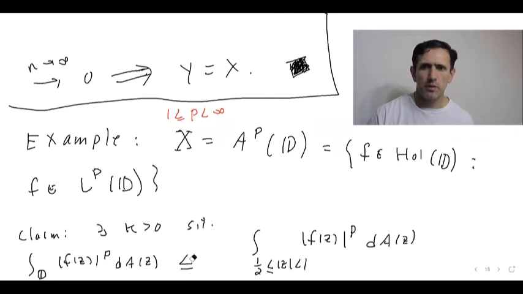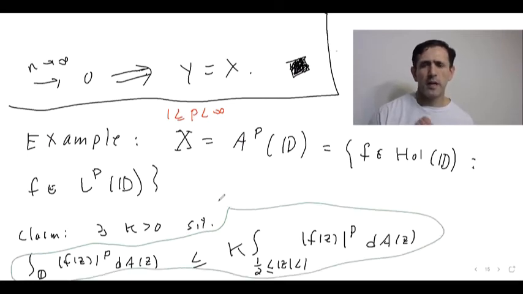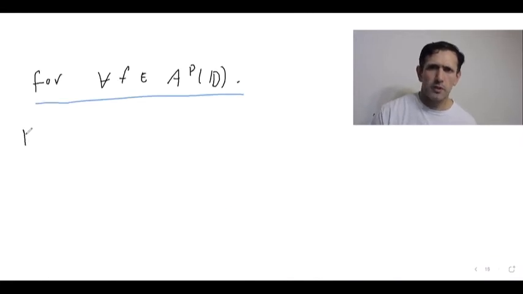It's not a whole lot to prove. But the key here, which is not trivial at all a priori, is that this K works for all f in the Bergman space. All right, and the proof is pretty straightforward.